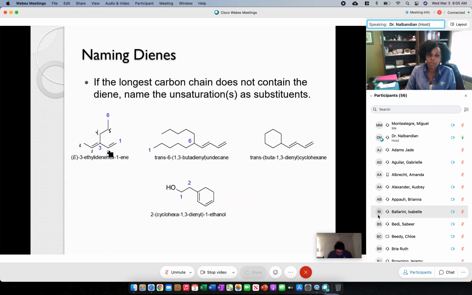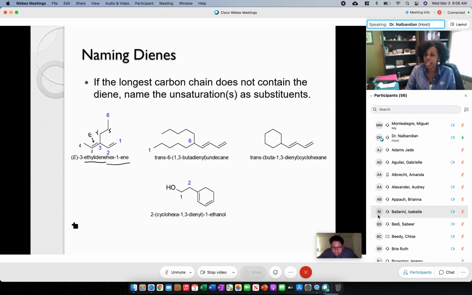So our longest carbon chain would be called a hex-1-ene. And then we have an ethylidene as a substituent. But for that ethylidene coming off of carbon 3, we know that that is an E alkene. And so this whole name would be E-3-ethylidene-hex-1-ene, or 3-ethylidene-1-hexene.